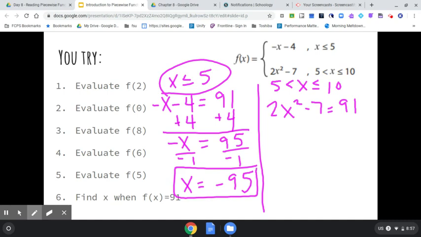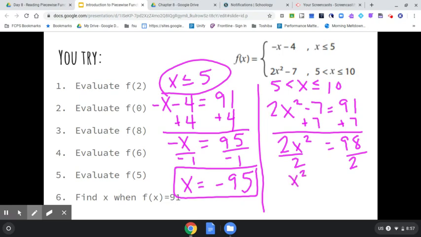Solving this second equation, we add 7 to both sides. 2x squared equals 98. Dividing both sides by 2, x squared equals 49. To get rid of that square, I square root both sides.